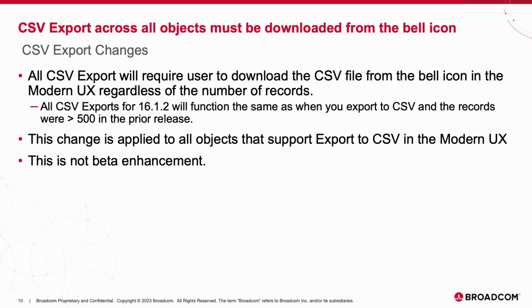But CSV export is a system-intensive operation, and handling all exports from the bell icon allows the Clarity system to better manage this throughput and keep performance running smoothly on your Clarity system. As I mentioned, this change is applied to all objects within the modern UX, and this is not a beta enhancement. This is a change we made to ensure the performance on your Clarity system.